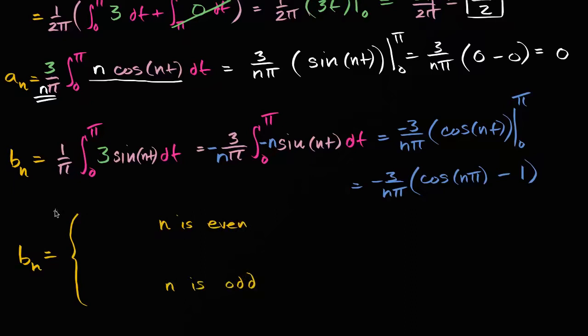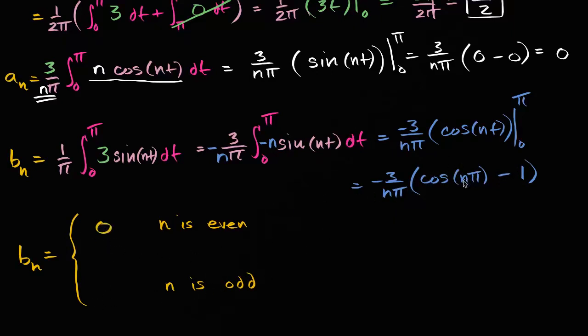So if n is even, you're going to have negative 3 over n pi times, actually let me just do it over here so we have the space. So what would this thing evaluate to if n is even? So this n, if it's even, it would be like cosine of 2 pi, cosine of 4 pi, cosine of 6 pi. Well, in that situation, this is going to evaluate to 1. You're going to have 1 minus 1, which is 0, so the whole thing is going to evaluate to 0.